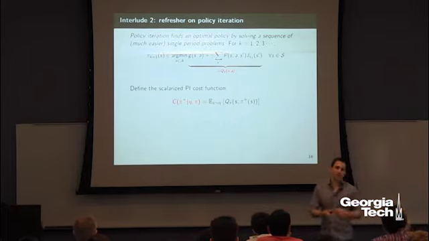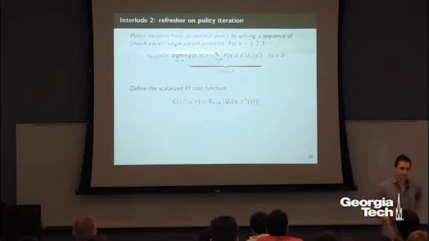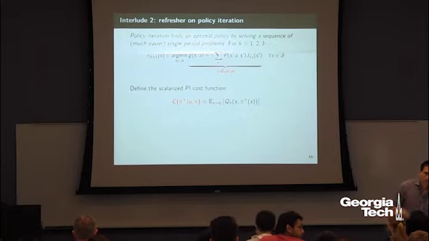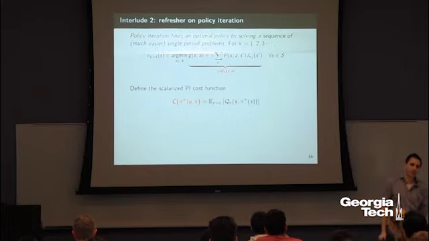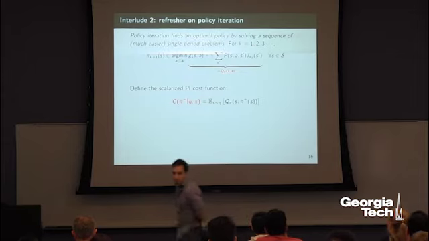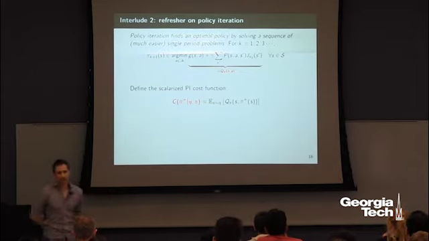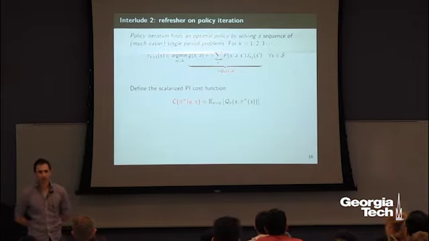Eta is a distribution over the states. Eventually the results depend on a particular choice of eta. This is a function of three things, one of them is the state weighting. This is basically a way of scalarizing a multi-objective problem.